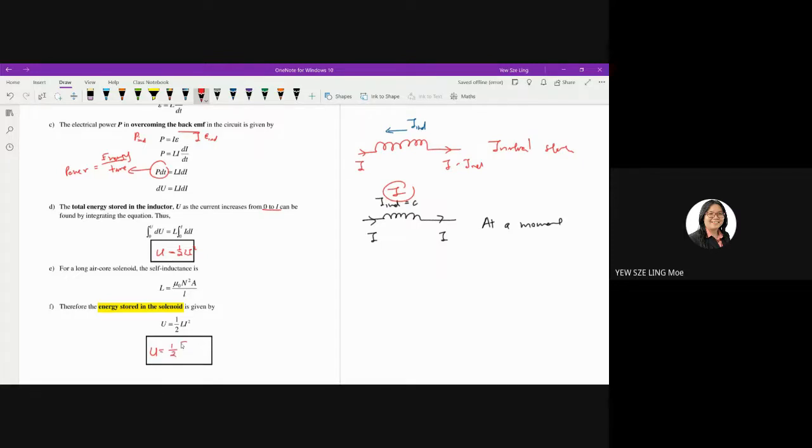You yourself have to derive it, if the question asks you to calculate the energy stored in a solenoid using the information right here. So half mu naught N squared A I squared over l. That is the energy stored in the solenoid. Here you actually have a square. U equals 1 over 2 Li squared.